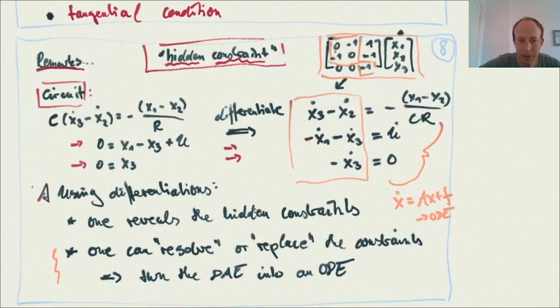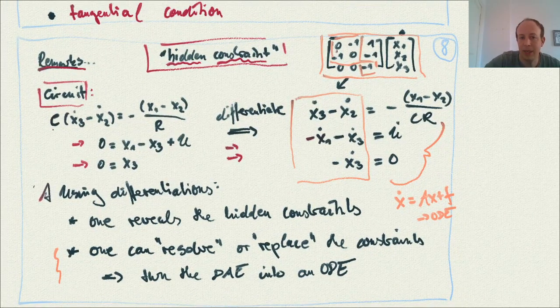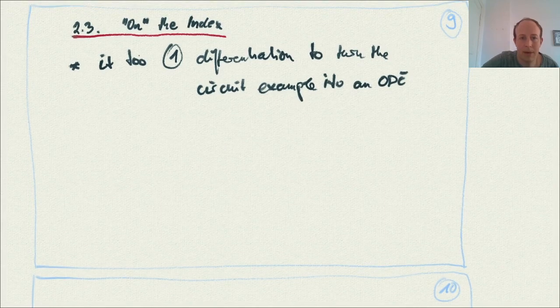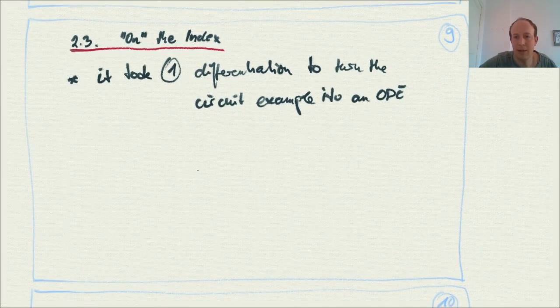Let me show you this once more. These were the actual equations. Then we differentiated those two equations, they gave us that, and we observed that we can invert the matrix that makes up the coefficients. So one can rewrite the system as x dot equals Ax plus F, an ordinary differential equation. So here it took one differentiation to turn the circuit example into an ODE.